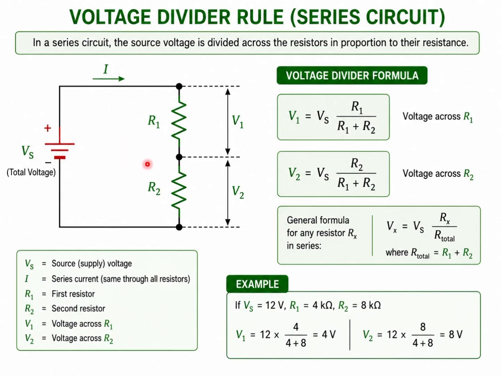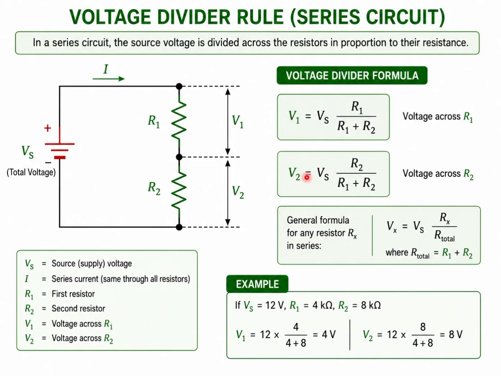So, in order for us to calculate the voltage across resistor R1, which is V1, V1 is going to be equal to the source voltage multiplied by R1 divided by the total resistance. Since they are in series, the total resistance is R1 plus R2. So we're going to have Vs multiplied by R1 divided by R1 plus R2. That is the voltage across the resistance R1.